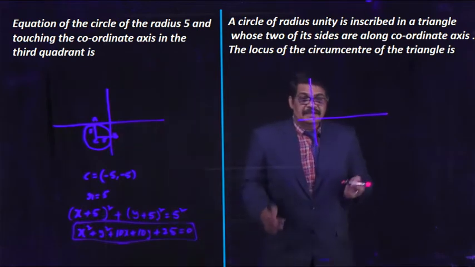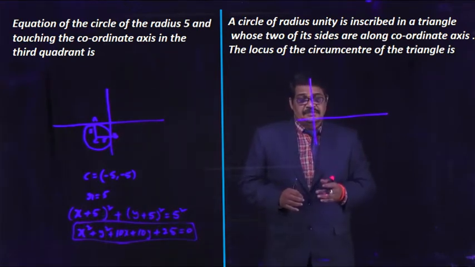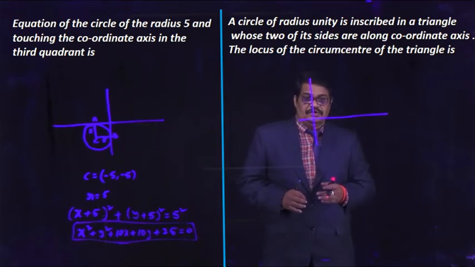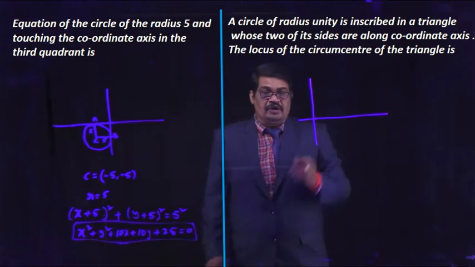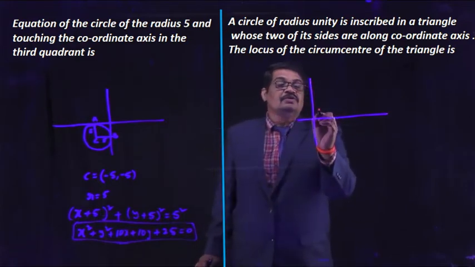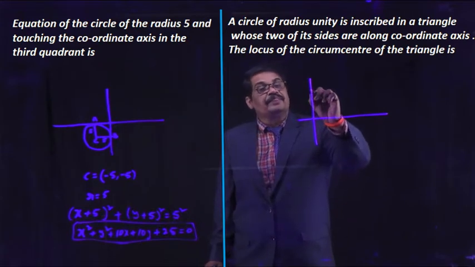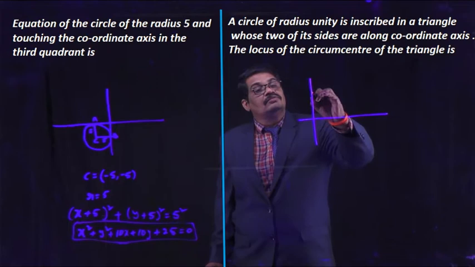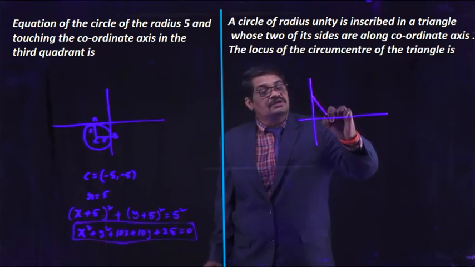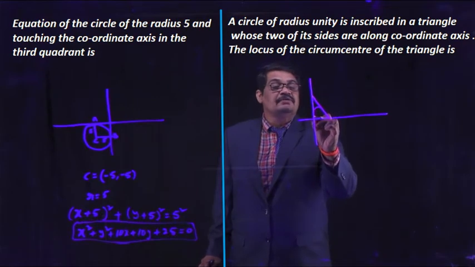A circle of radius unity. That means the radius is 1 unit and it touches both the coordinate axes. This is the line which also touches the circle. That circle is inscribed in this triangle.